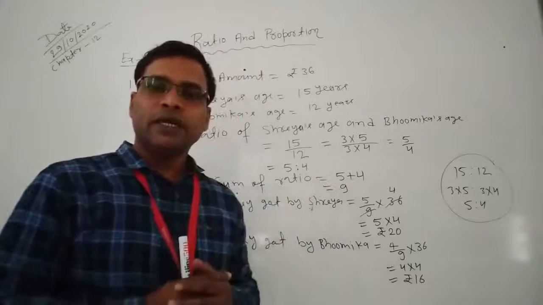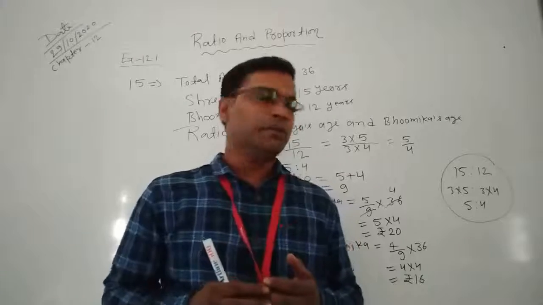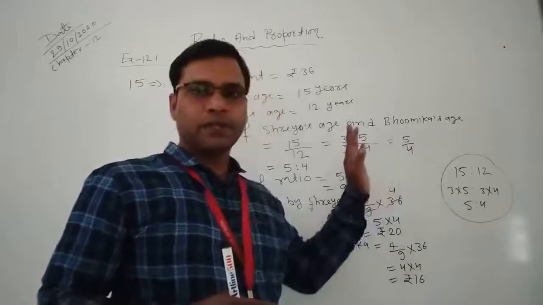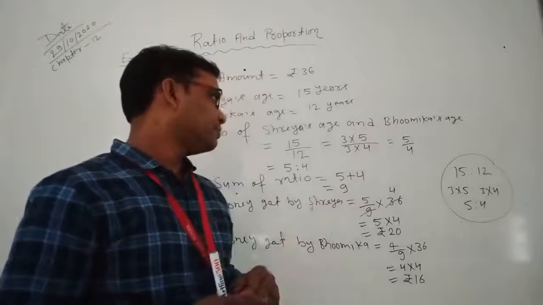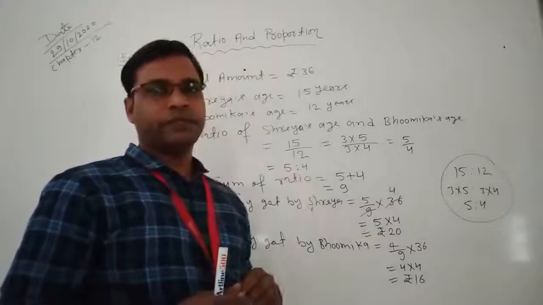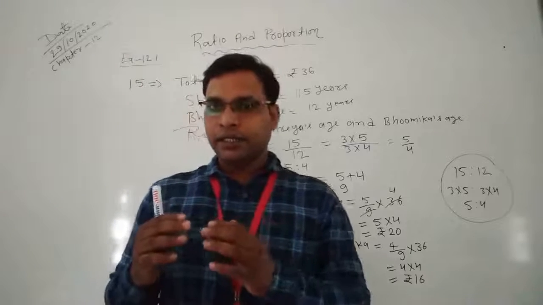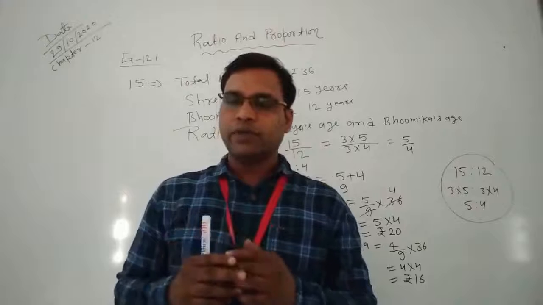And you know very well, if a number is multiplied by 1, then you obtain that number. So you obtain 5 by 4. Clear? Now 5 by 4 you can write as 5 ratio 4. In this way you find the age ratio of Shreya and Bhumika is 5 ratio 4.